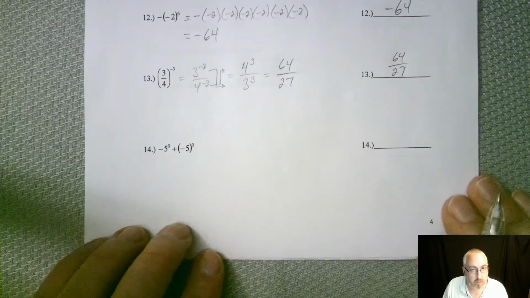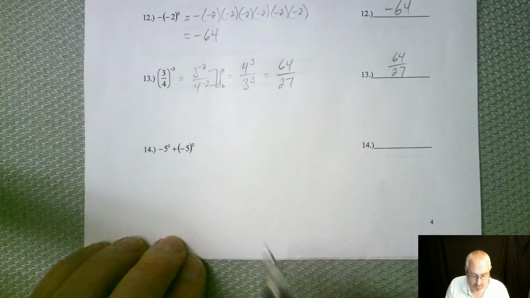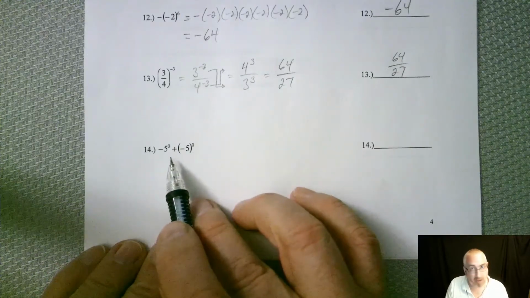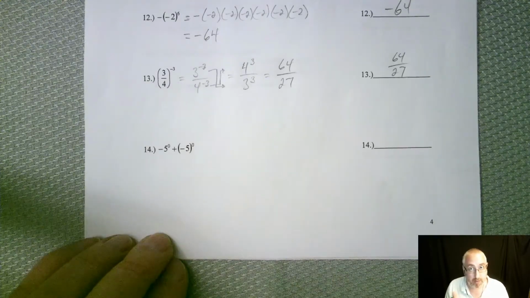So we got some 0 exponents. But we got parentheses on the one, and we don't have parentheses on the other one. So we can't treat these exactly the same. One of these is going to be 1, and one of them is not. Which one of these is equal to 1?